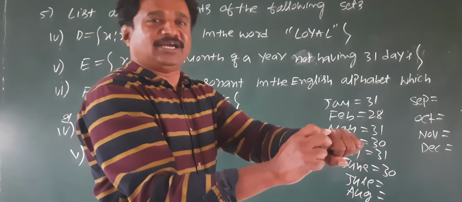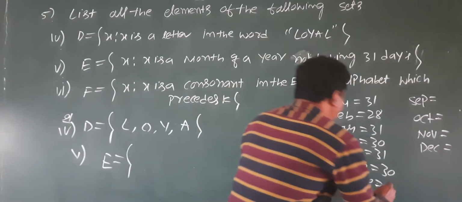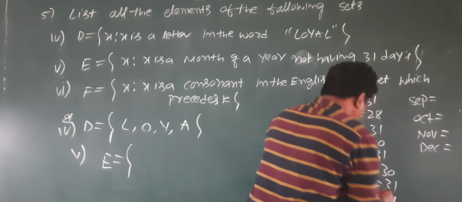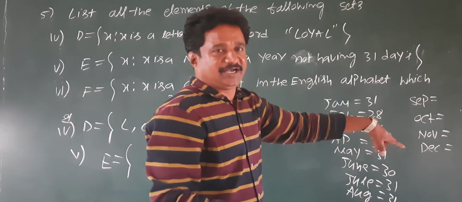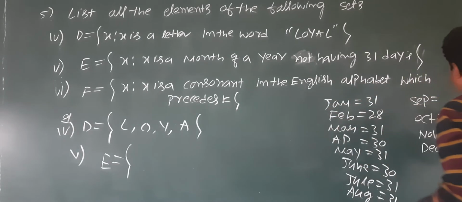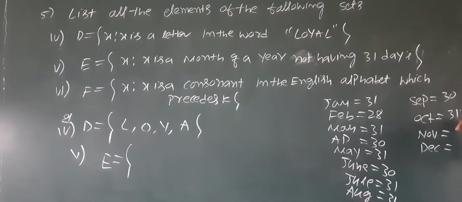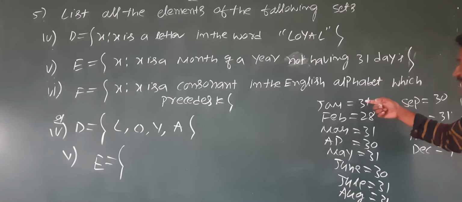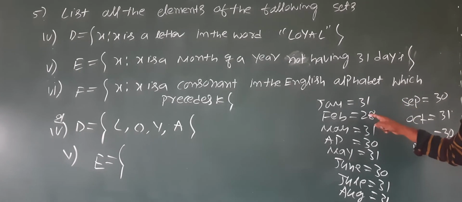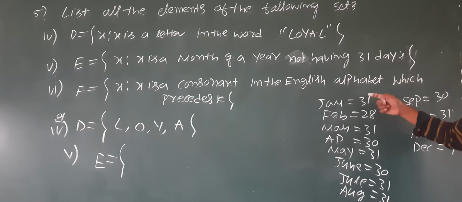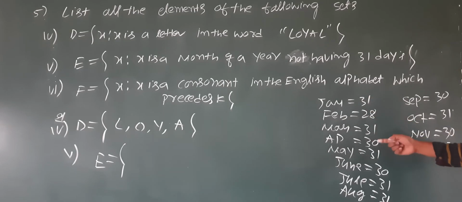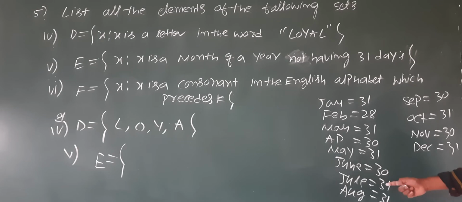July and August 31 days. Next alternately, it is 30, next 31, 30, 31, correct. Just go on writing 31, 30. February you all know very well, students, it is always 28. 31, 30, 31, 30, 31, 30, 31, 31.